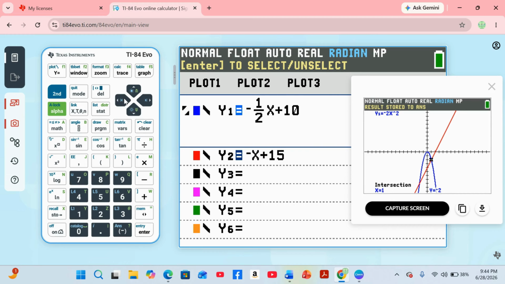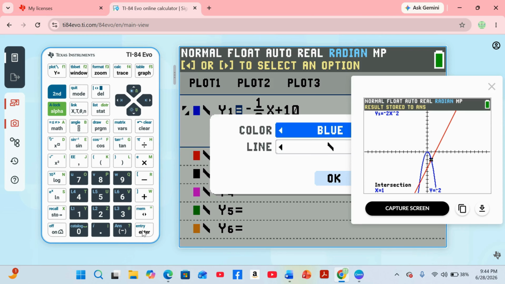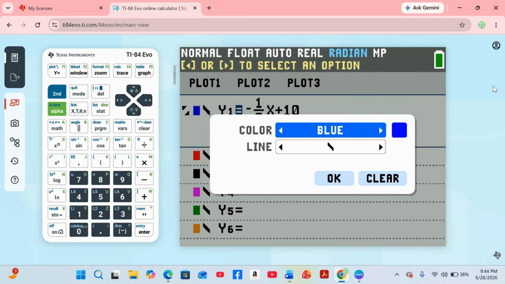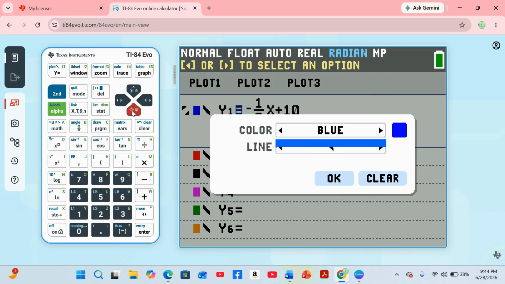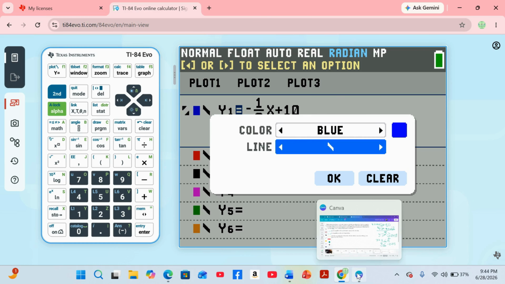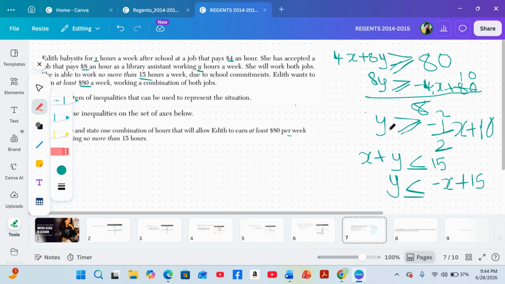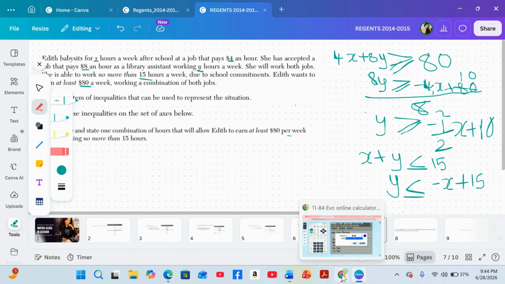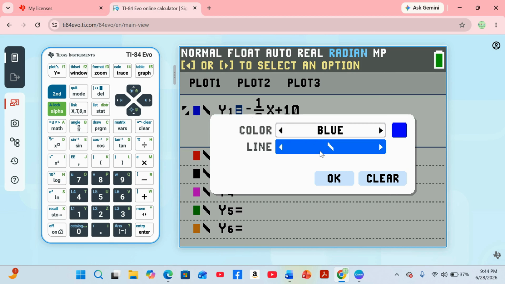So we need to change the lines. Since this is greater than, let's see, which one is greater than? Half x. Half x is greater than, so the line should go upward.